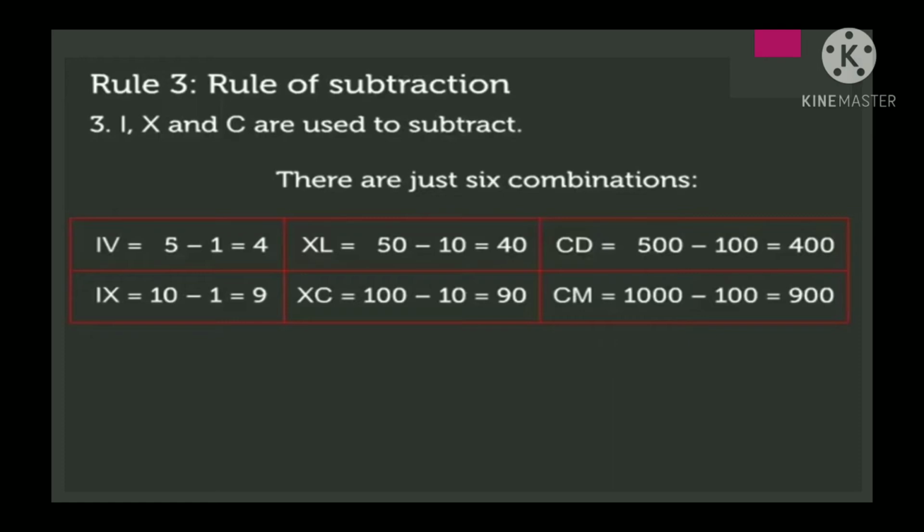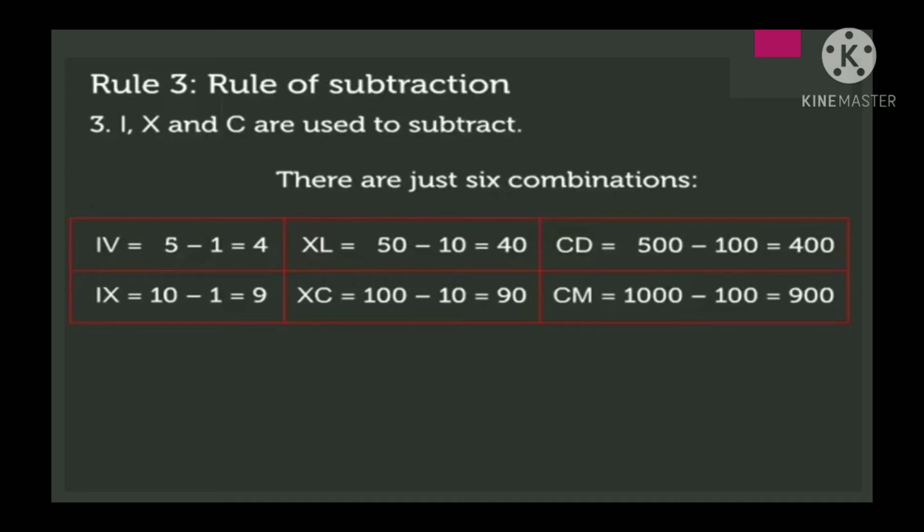Now the last one of third rule, I, X and C are used to subtract. IV is equal to 5 minus 1, which is equal to 4. IX is equal to 10 minus 1, which is equal to 9. XL is equal to 50 minus 10, which is equal to 40.